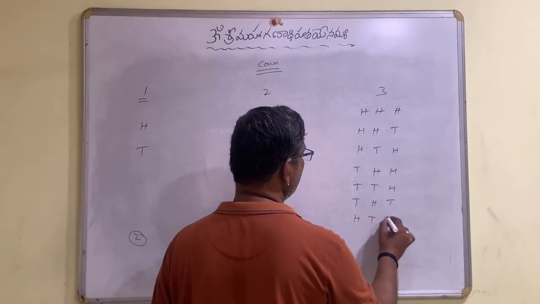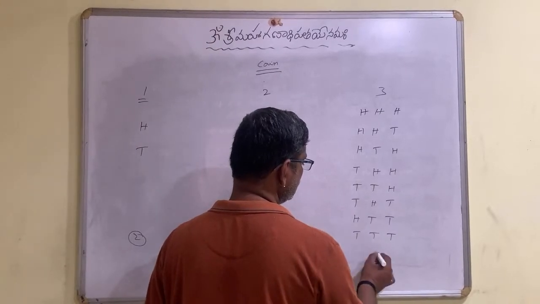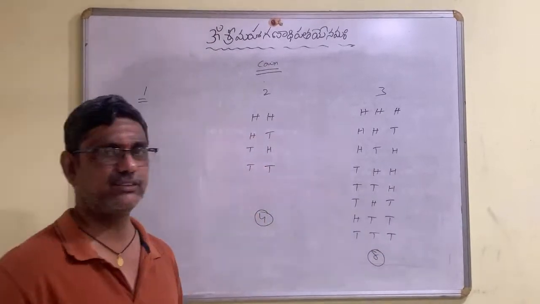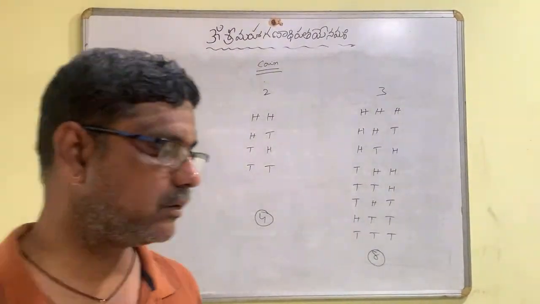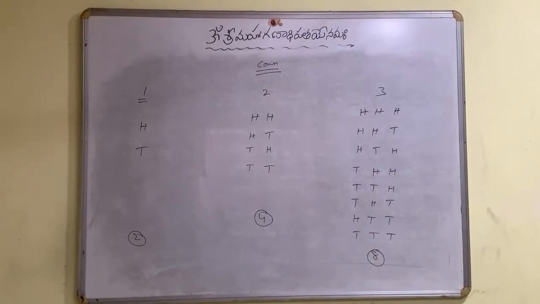Head, tail, tail. And tail on all the 3 coins. So total 8 possibilities. So in a coin tossing experiment, if it is one coin we have only 2 possibilities. If it is 2 coins we have 4 possibilities. If it is 3 coins we have 8 possibilities.